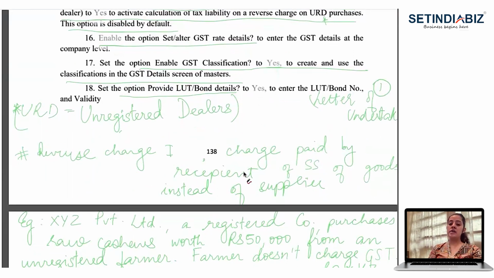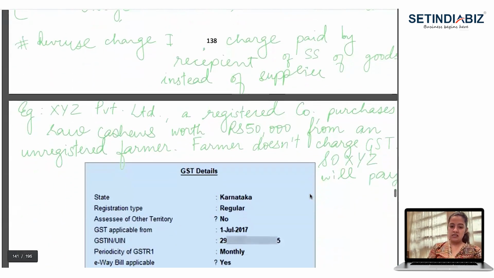Charge paid by the recipient of supply of goods instead of the supplier. So those who are receiving the supply of goods are paying the charge, and not the supplier. Now there is an example also. For example, XYZ Private Limited, a registered company, that is a registered dealer, purchases raw cashews worth rupees 50,000 from an unregistered farmer.